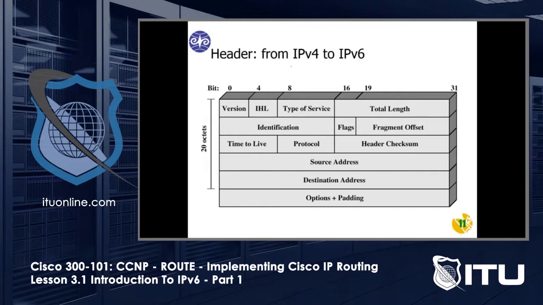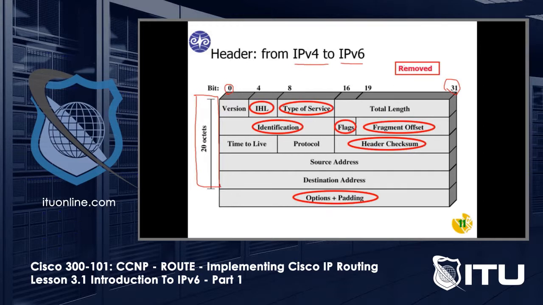So, header from IPv4 to IPv6. Here we have a 20 octet header, as you can see, and you have bits 0 to 31. This makes it a 32-bit address. And then this is what we looked at already. So in IPv6, first of all, this is removed.